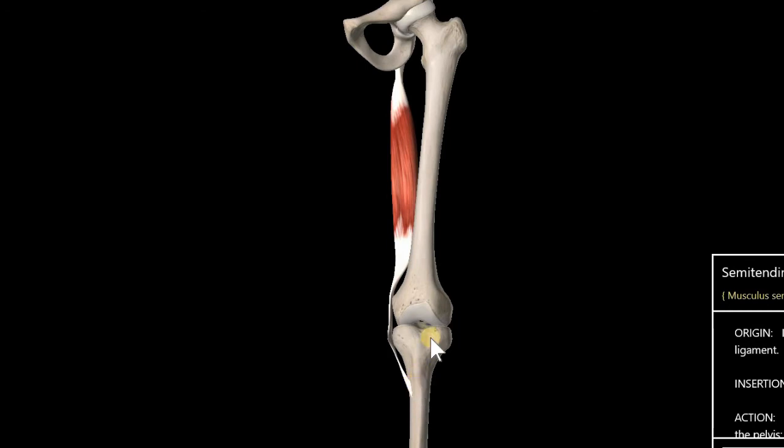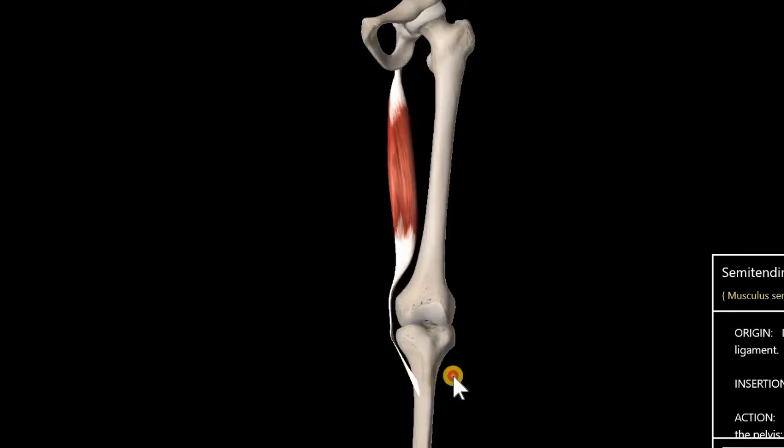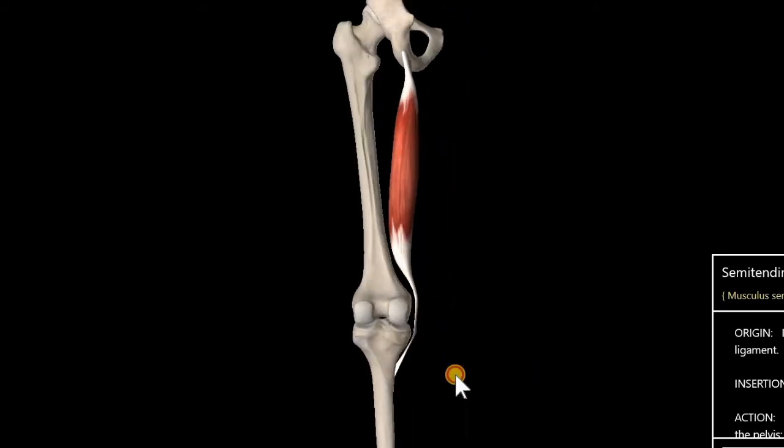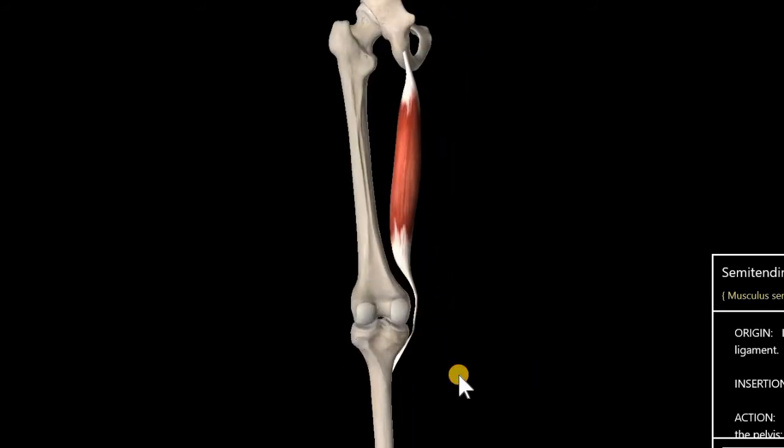Keep in mind you have an anterior view here. This is the medial side, so it inserts itself about right there on the medial tuberosity. It will help with extension at the hip and flexion at the knee and internal rotation.